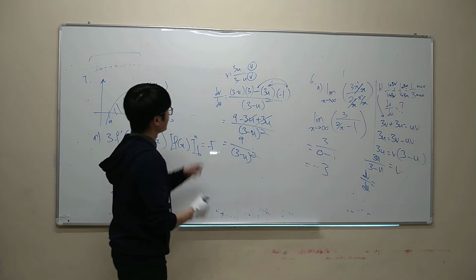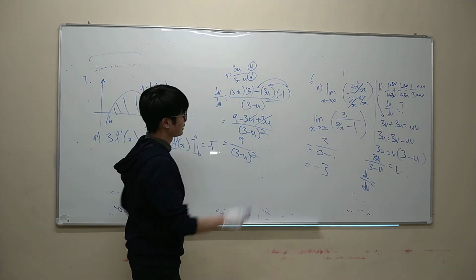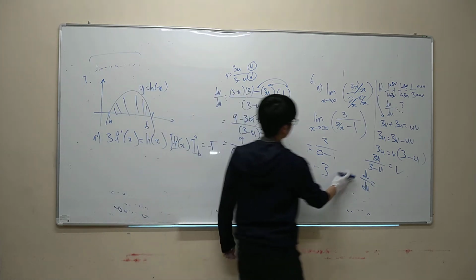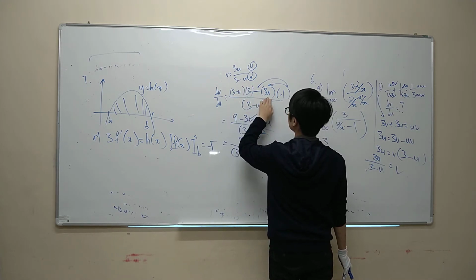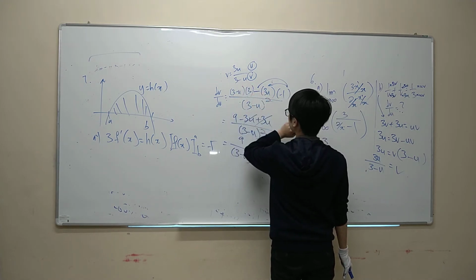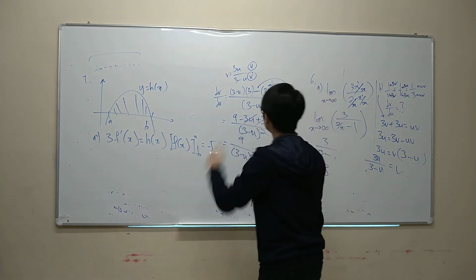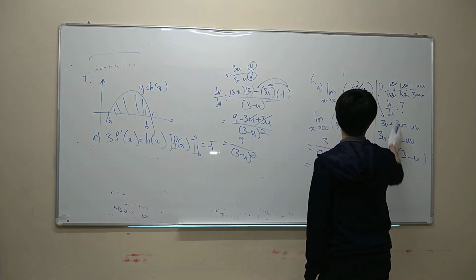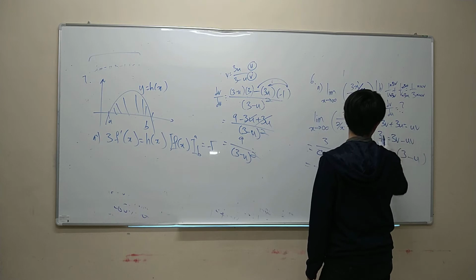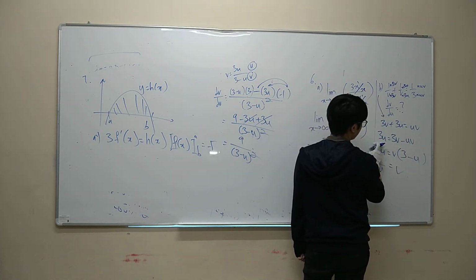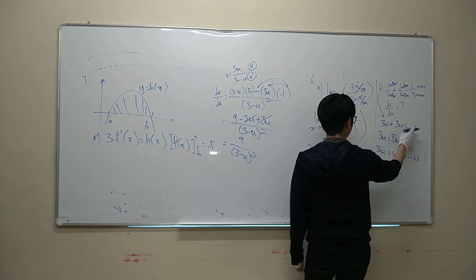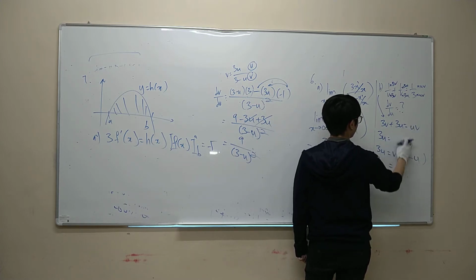Wait, did I make a mistake here? 3u over 3 minus u. Differentiate u minus sin u, so you have a negative plus 3u. Is it correct? uv. Here, 3u equals uv minus 3v.